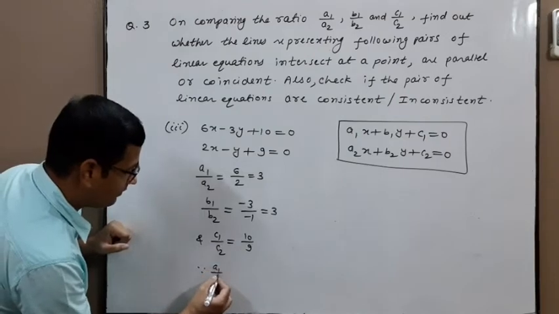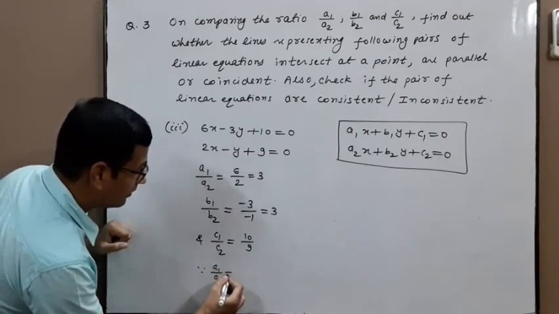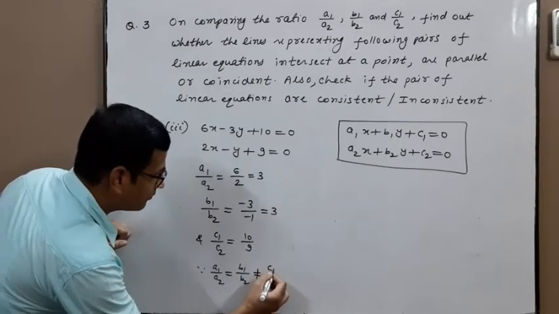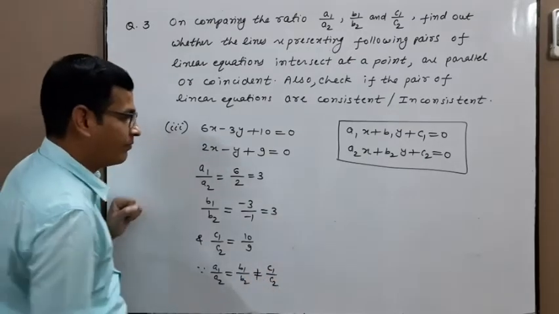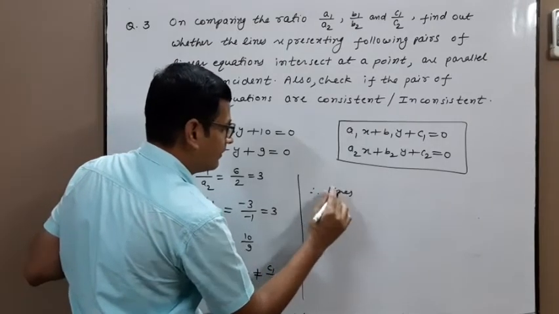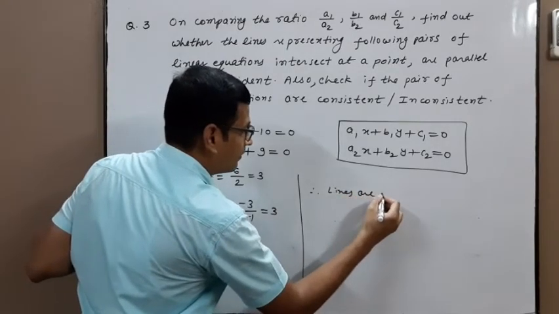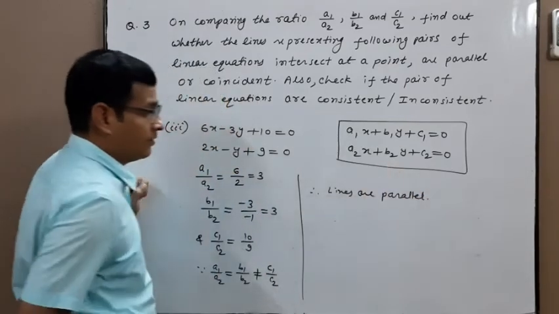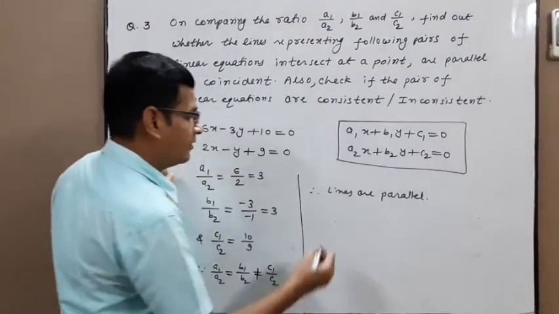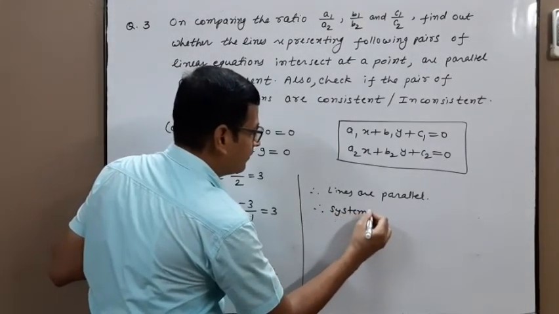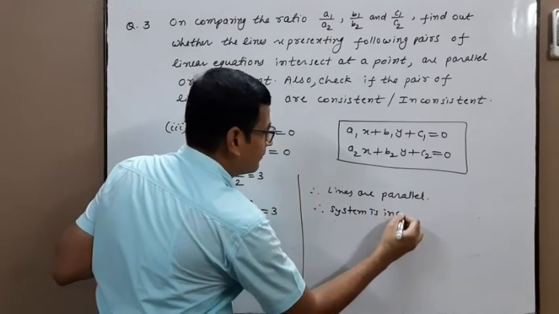Since a1 upon a2 is equal to b1 upon b2 not equal to c1 upon c2, therefore the lines are parallel. Means there is no solution, therefore the system is inconsistent.